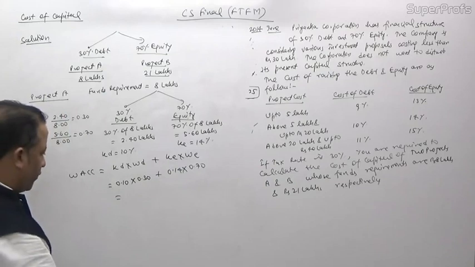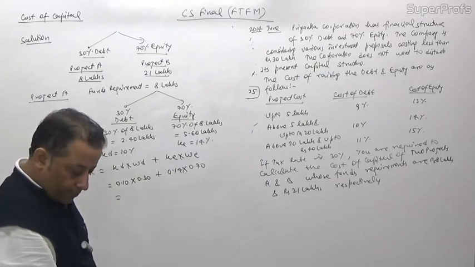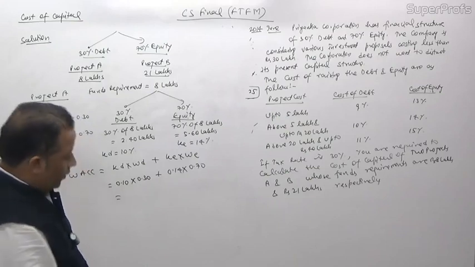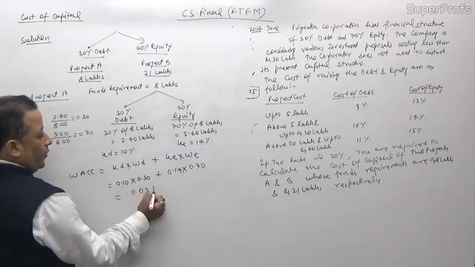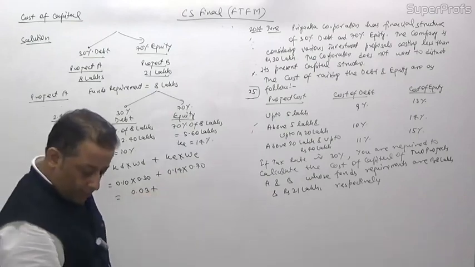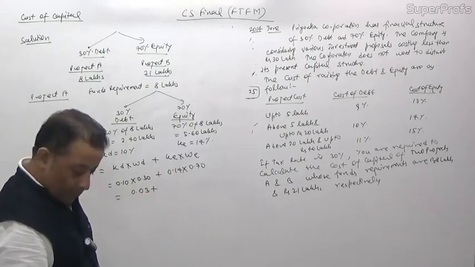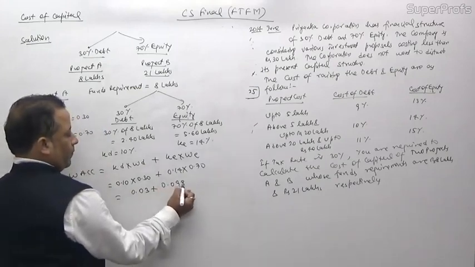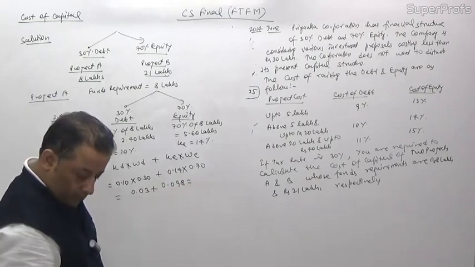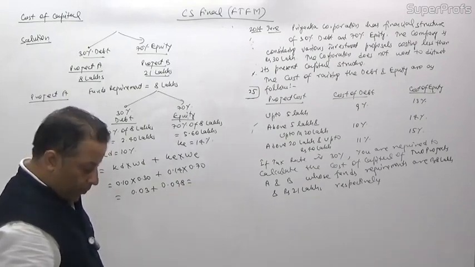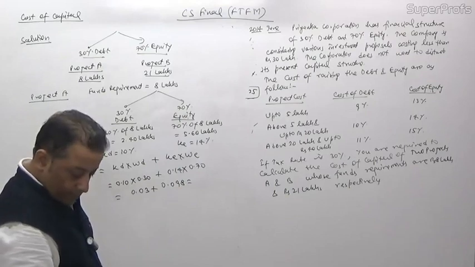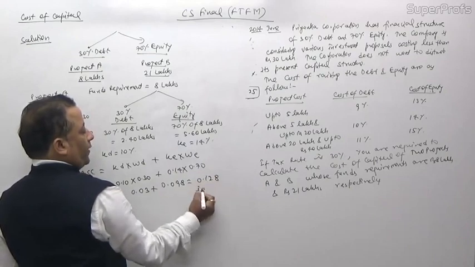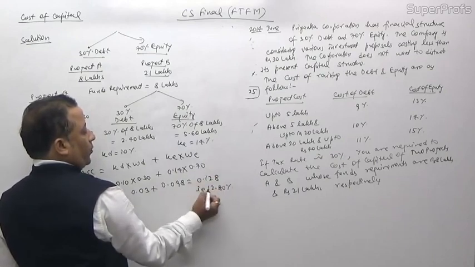So 0.10 into 0.30 is 0.03, plus 0.14 into 0.70 is 0.098. The total is 0.128, that is 12.80%.